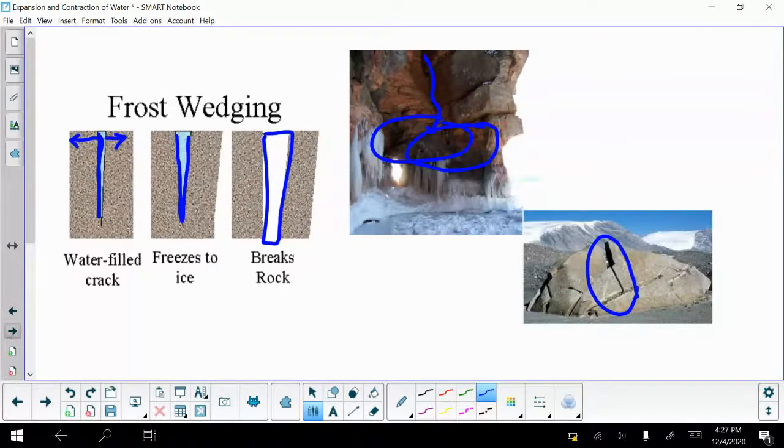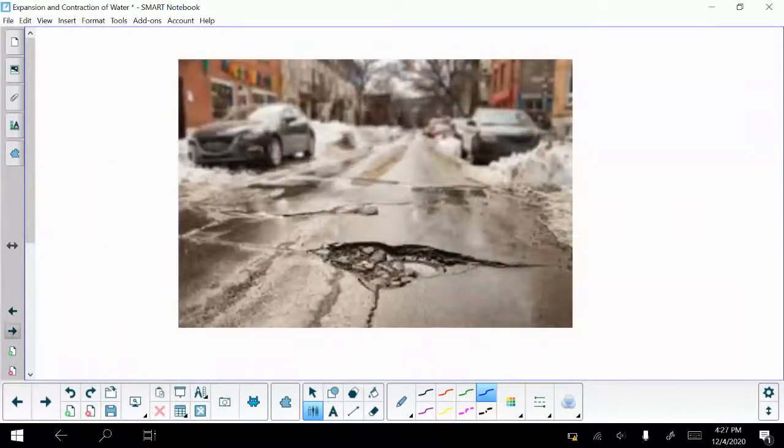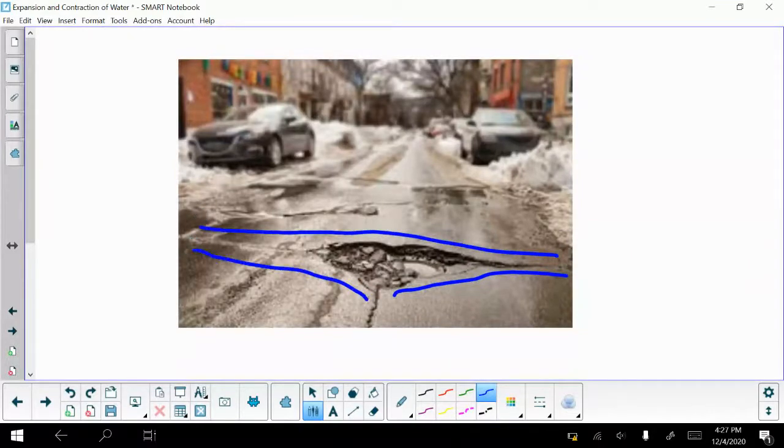One of the problems with this feature is these potholes, right? If you live in a northern area like we do, you may have seen some of these potholes in your area. What happens is water fills up in this, maybe even salty water. If you've thawed the water a little bit by adding salt to it, it becomes liquid again, right?